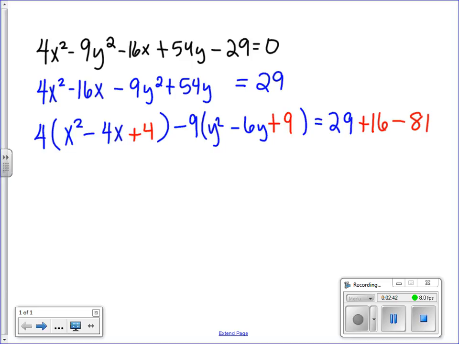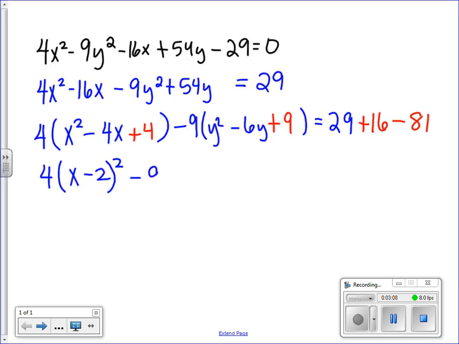So what do you multiply? You multiply that plus 4, the one that's in red, times the blue 4. And then this red 9 times that negative. Okay, so this side comes down to 4 times x minus 2 squared.